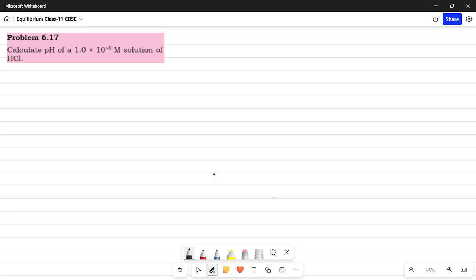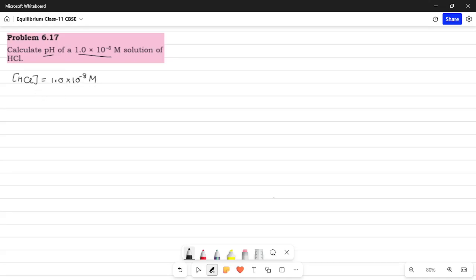So let's again read the question. Calculate the pH of so and so solution. Because we got a value of about 8 for the pH, it seems like we're missing something, right? First of all, we've been given the concentration of HCl equals 1.0 into 10 to the power minus 8 molar.